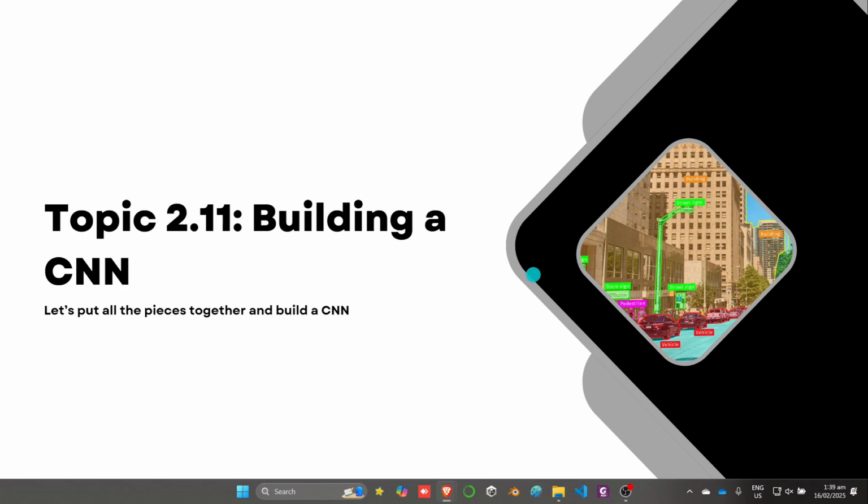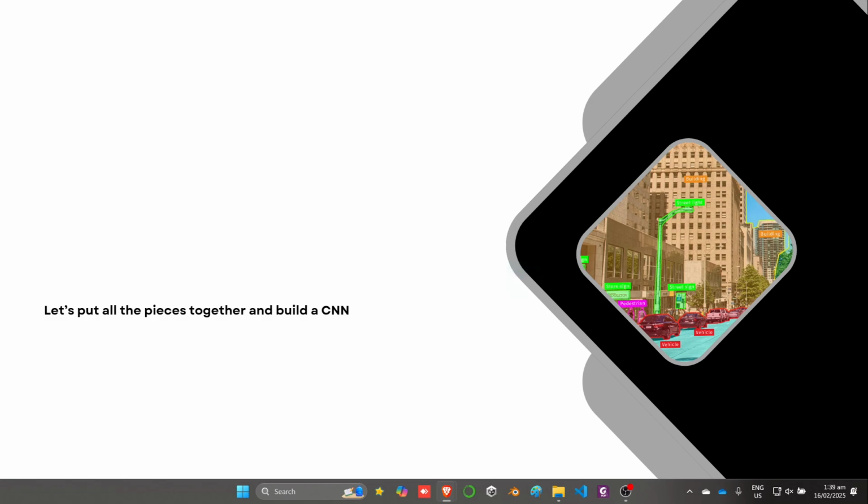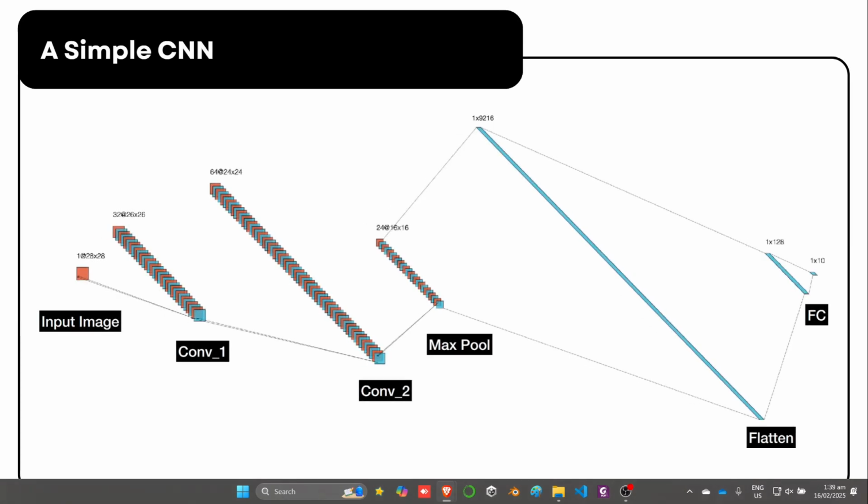We're going to stack everything together and create a simple CNN. And this is what it looks like. Now, I won't go into much detail with this diagram because it can confuse you a bit, but it's an actual real CNN.